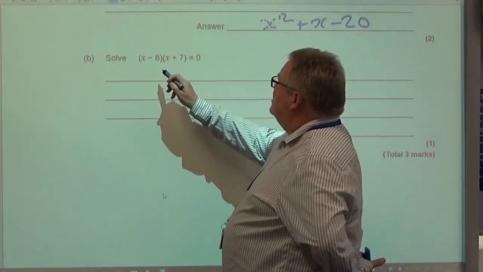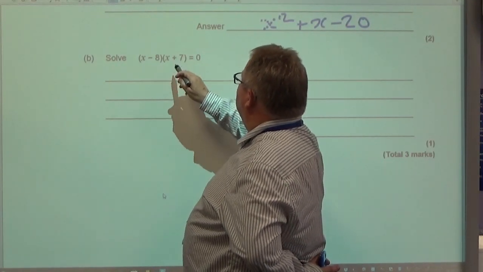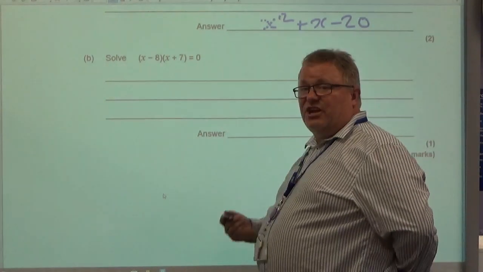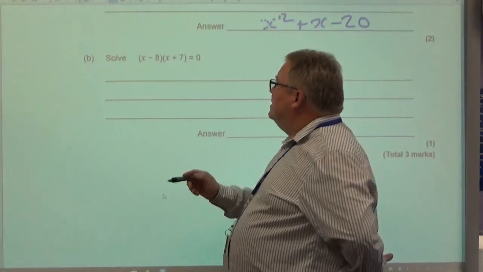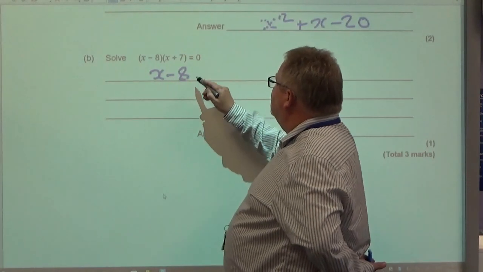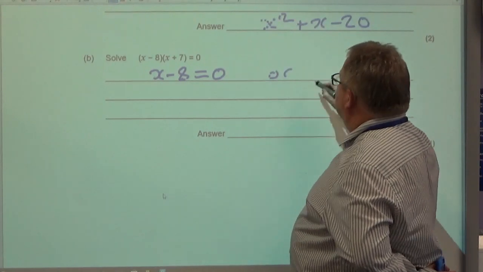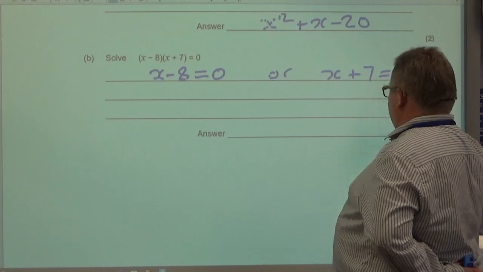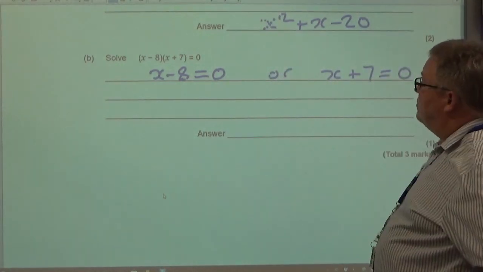We need to make sure that one of these brackets is 0 times whatever's in the other bracket, because to get an answer of 0, the only way to do it is a number multiplied by 0. So we can say 8 minus x is equal to 0, or x plus 7 is equal to 0. You'll probably be able to see the solutions there quite easily.